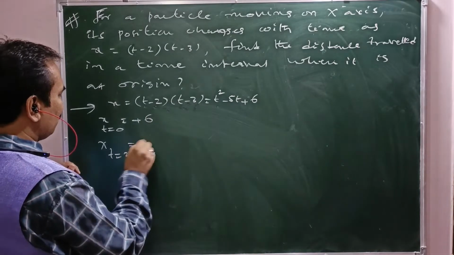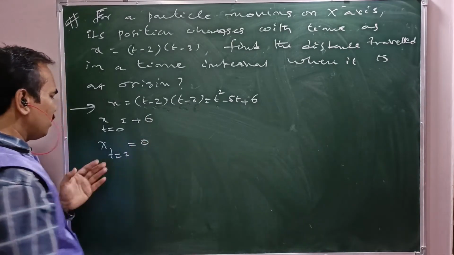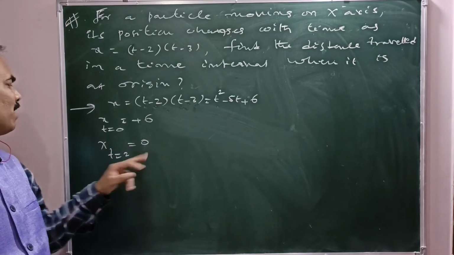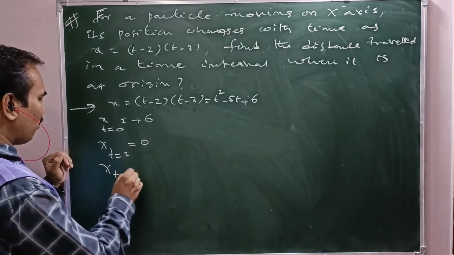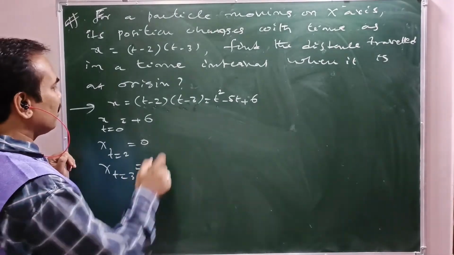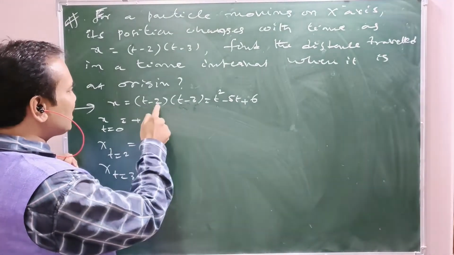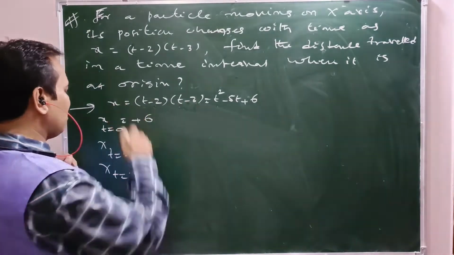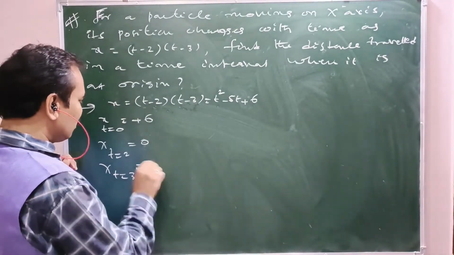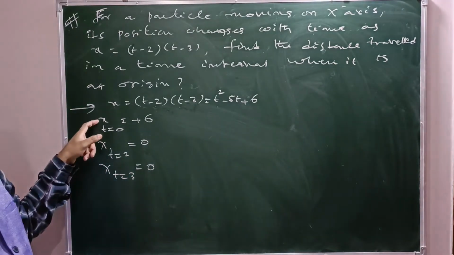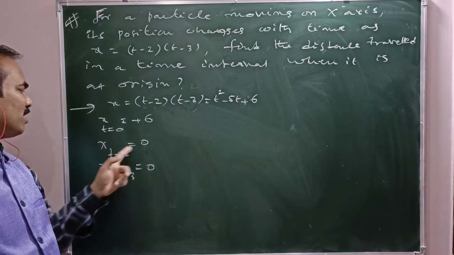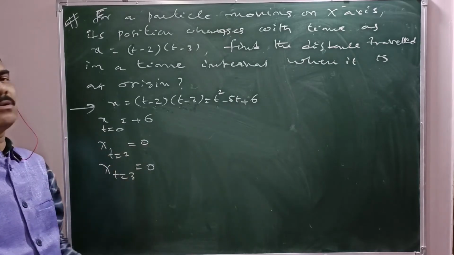That means at t equal to 2 seconds, the position of the particle is 0. Similarly, at t equal to 3 seconds, 3 minus 2 is 1, and 3 minus 3 is 0, so 1 into 0 is 0. So initially the position of the particle is plus 6 units, at 2 seconds the position is 0, at 3 seconds also 0.